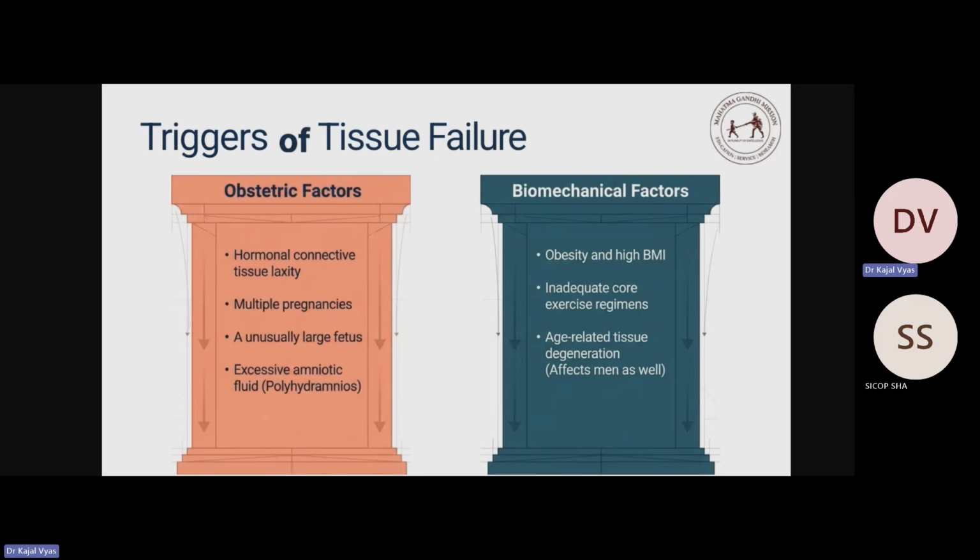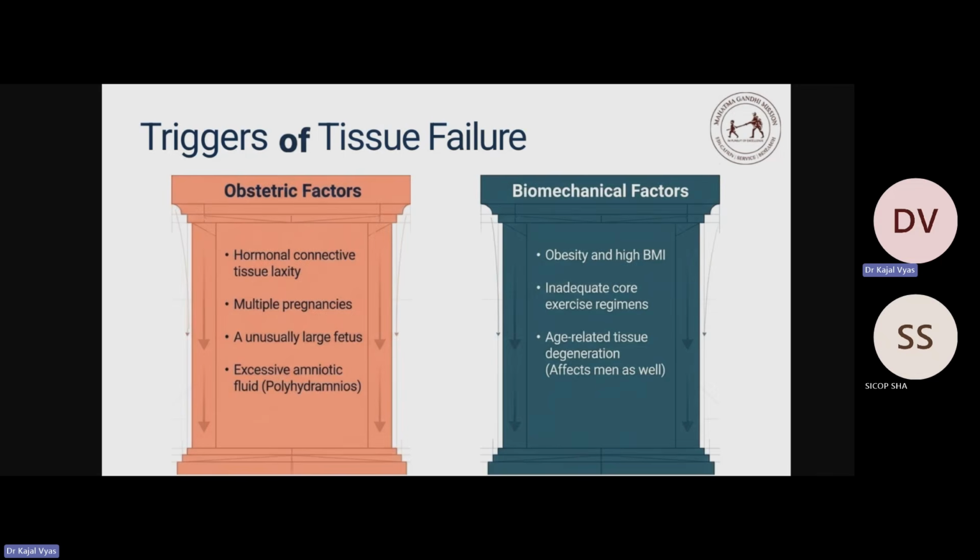As the number of pregnancies increases, the chances of diastasis recti increase because it puts more and more stretch on the linea alba. Third, an unusually large growing fetus or excessive amniotic fluid can increase the anterior force on the abdominal wall, which can lead to diastasis recti. These are the common factors seen during pregnancy.